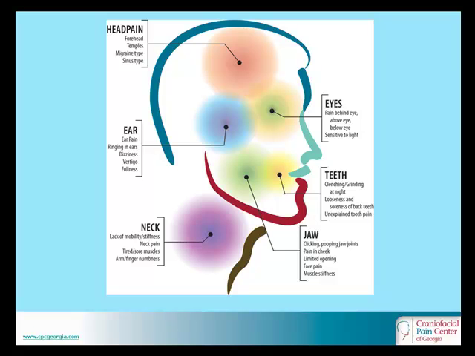Now, this little graphic here is one that we use in our marketing piece in our office. We basically have our logo, but we point out to many healthcare professionals that in your practice you may have patients that have a multitude of symptoms. For example, upper left, you might see these patients in a neurology practice or a chiropractic office, where these patients are chronically complaining of forehead, temple, migraine, and sinus type pain. In an ear practice, you might have a lot of patients complaining of ear pain, ringing in the ears, dizziness, vertigo, fullness.